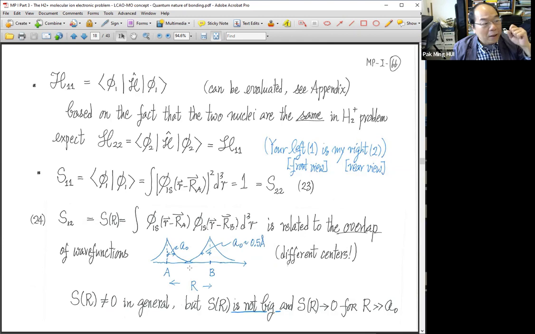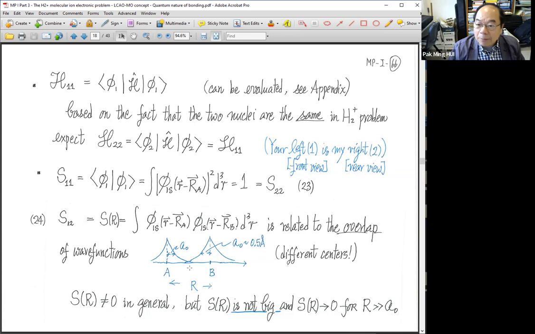There is nothing in mathematics, Hermitian, Hamiltonian, whatever you look up in quantum mechanics, that tells you whether the atomic states from two different atoms are orthogonal or not, because they belong to different atoms.